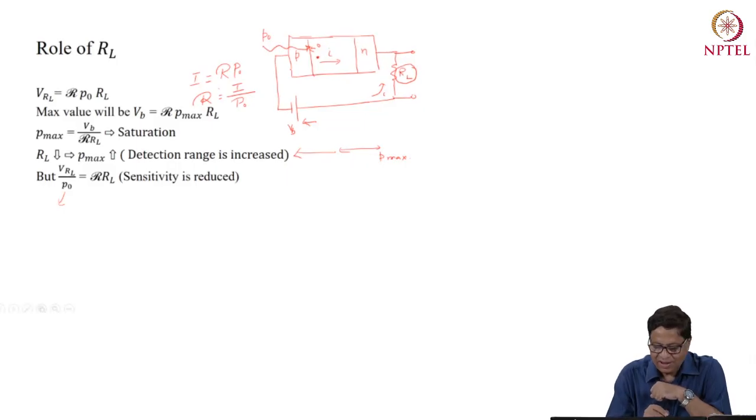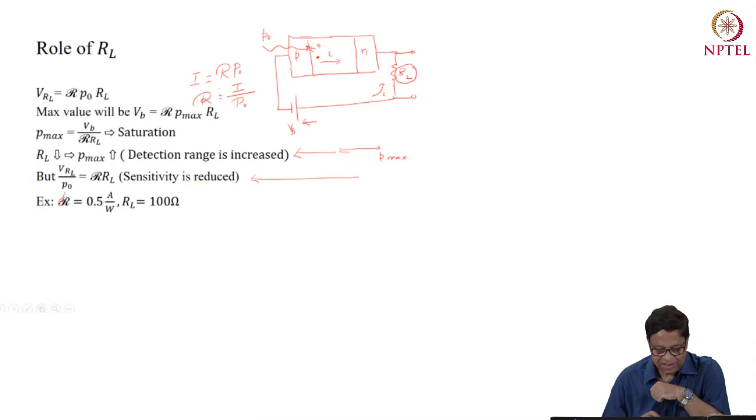So by decreasing RL, I was able to increase the P max, the detection range, but at the same time I have compromised on the sensitivity. So you have to decide the value of RL depending upon whether you want a good detection range or good sensitivity.